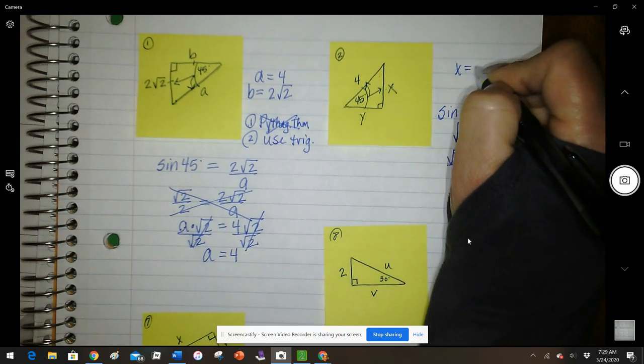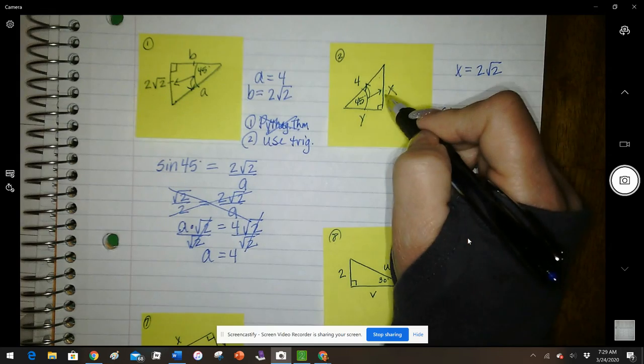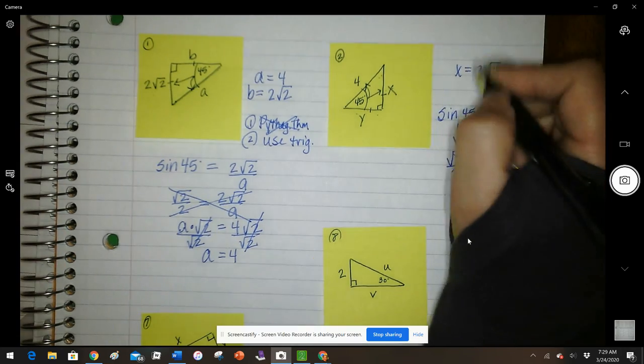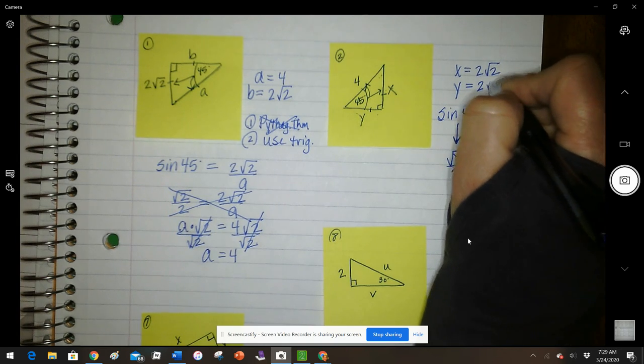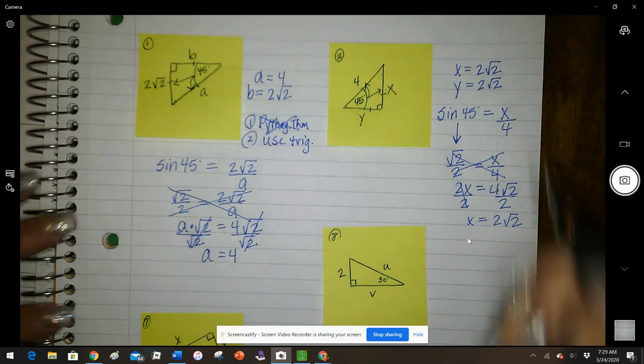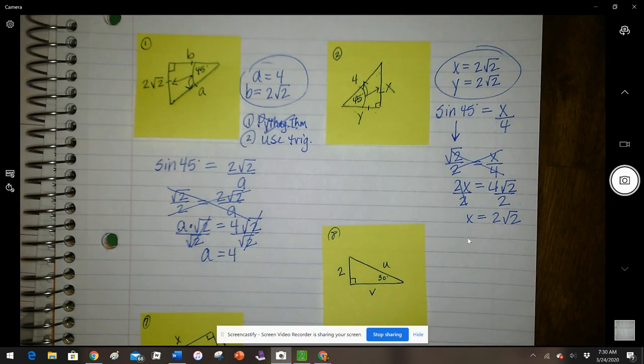So x is 2 root 2, and since it is an isosceles triangle, this is x, this is y. Those are the same lengths, so I really only have to do it one time. Remember, no decimals. You need to keep things in radical form and/or fraction form.